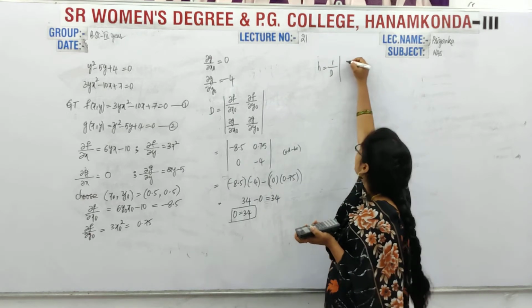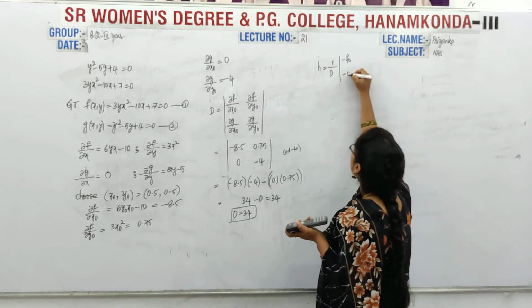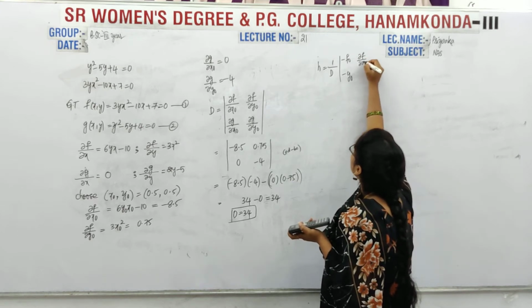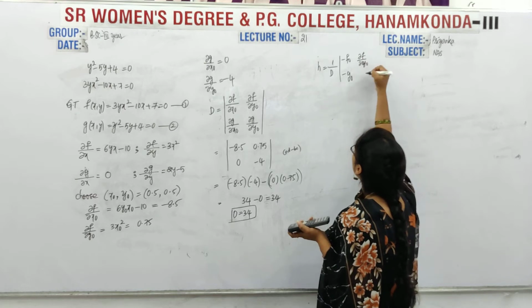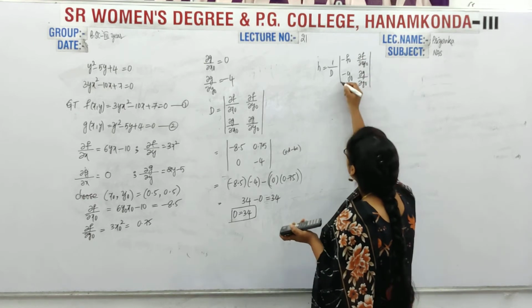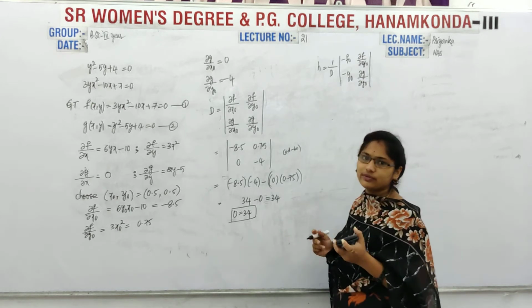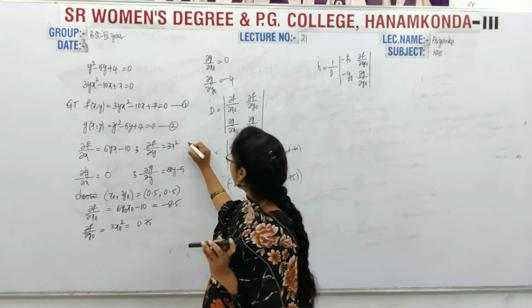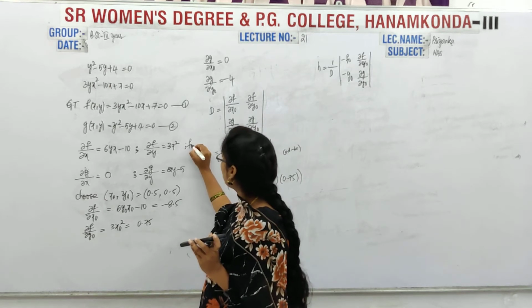What I said? Here we have to write F naught. Here we have to write G naught. Next here dou F by dou Y naught, sorry, the Y values under. Dou G by dou Y naught. Now actually here we forgot to calculate the values of F naught and G naught. So now here we have to calculate F naught.